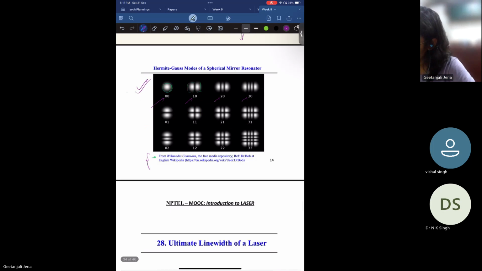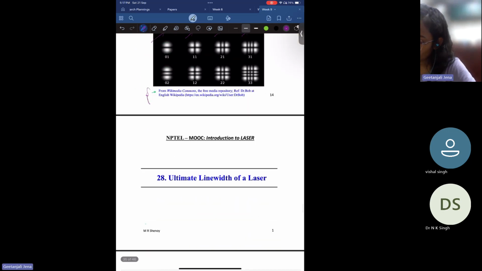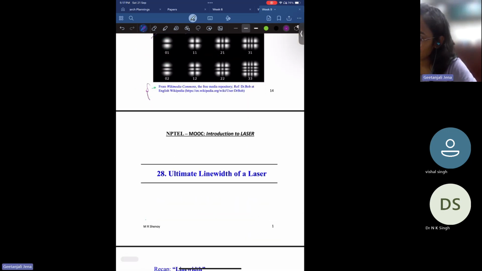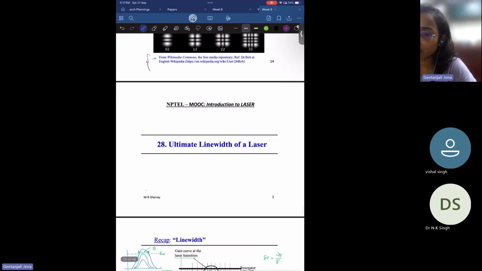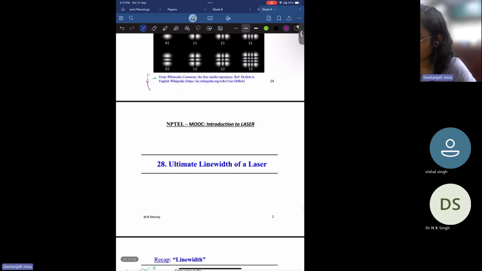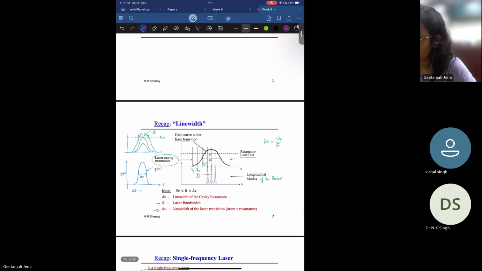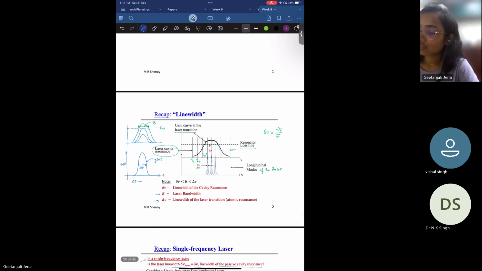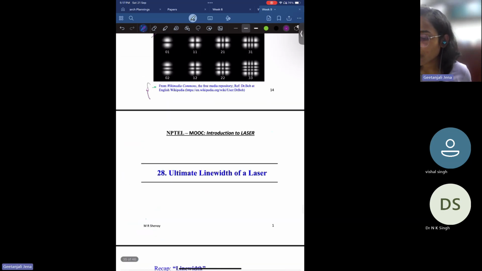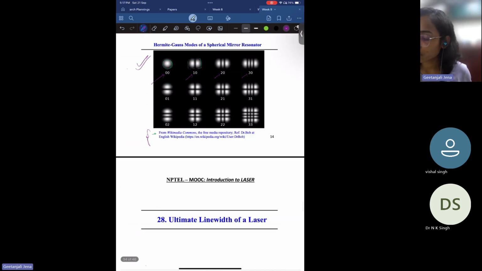So we have come to the last part of week 9, which is the ultimate line width of the laser. Before that, let me ask whether you have any doubt up to now.